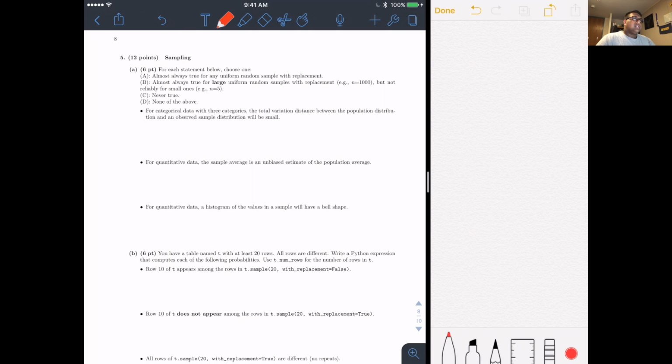And we look at the central limit theorem, and it tells us that as our sample size increases, our empirical sample distribution will approach the population distribution. And so that's only true for large uniform random samples, not necessarily true for small samples. So that's going to be B. Only true for large samples.